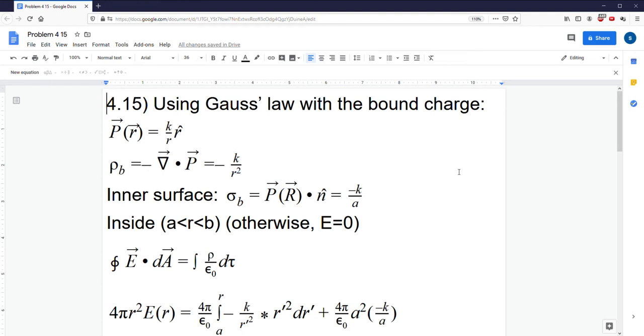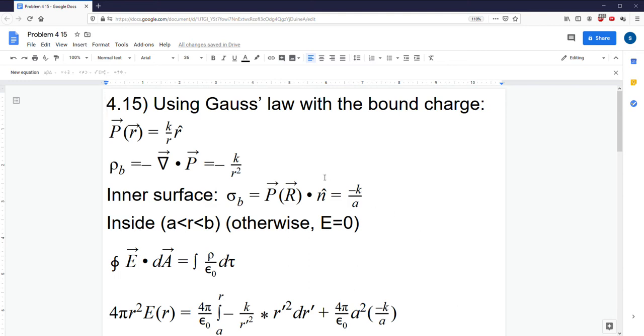So if we are talking about finding the electric field in the middle region, that is in the meat of the shell, Gauss's law says that the integral of E dot dA is equal to the total charge inside our Gaussian shell. There are two sources of bound charge in our Gaussian shell.